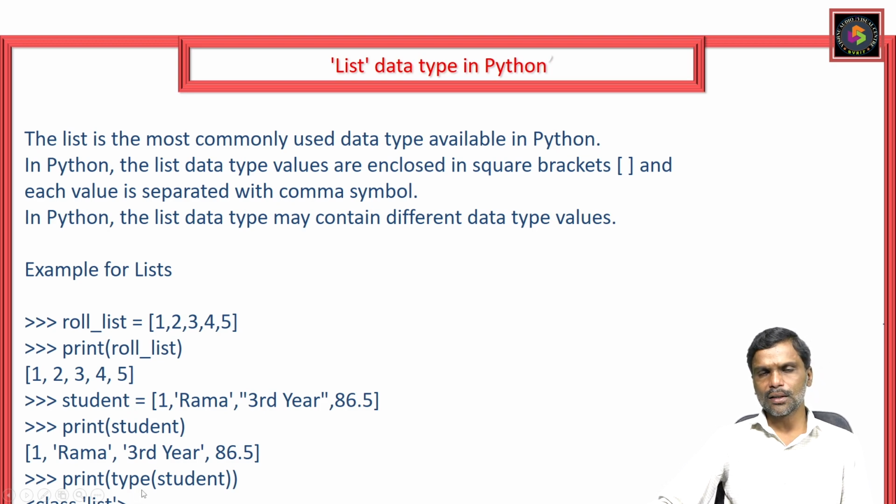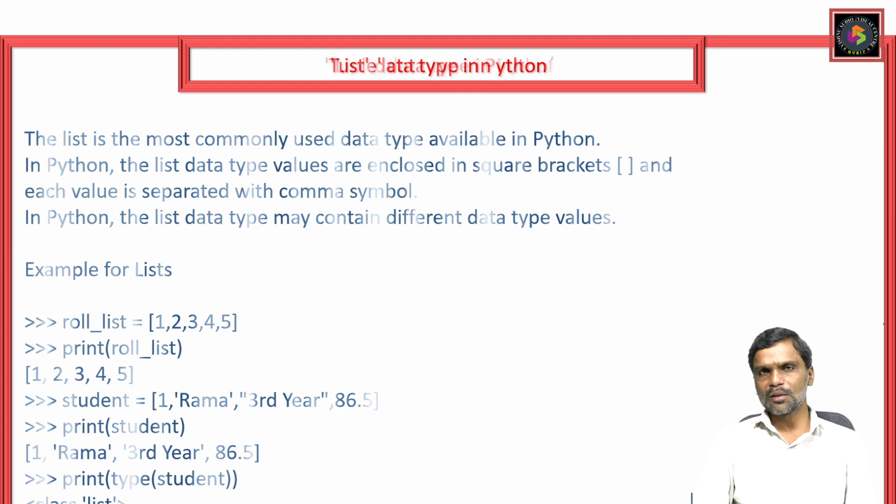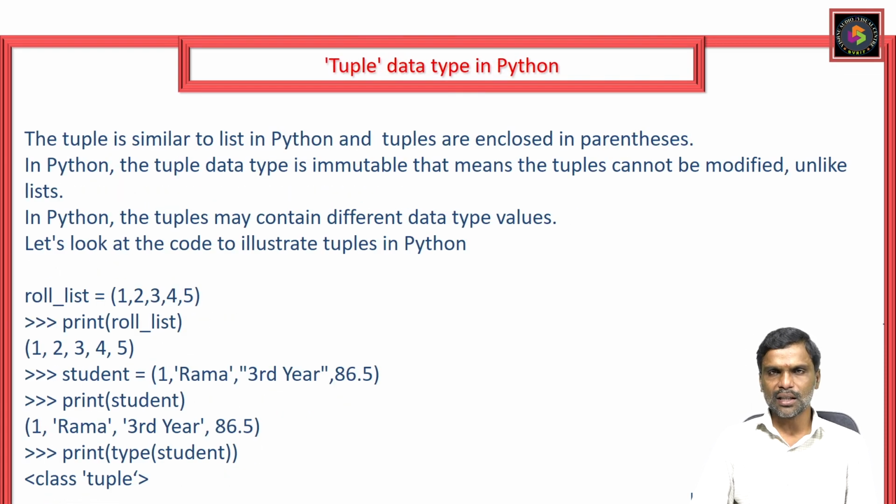Similarly, you can see we go for the tuples. Tuples are another data type like list, but list is represented with square brackets. Tuples are represented by parenthesis, in general language called round brackets. And tuples are immutable.